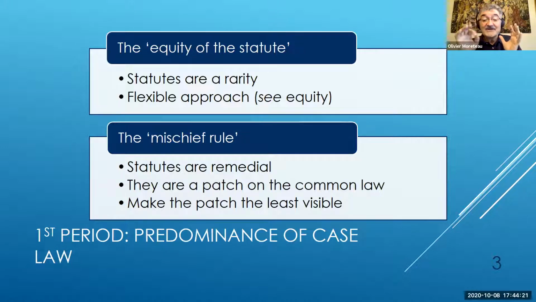They tried to identify the contour or the scope of the gap and make sure that the gap is covered, but not go any further, because you don't want this to be too visible in the development of the law. So they look for the purpose, but they nonetheless try not to overdo the interpretation of the statute and restrict its ambit to the problem that has been identified.